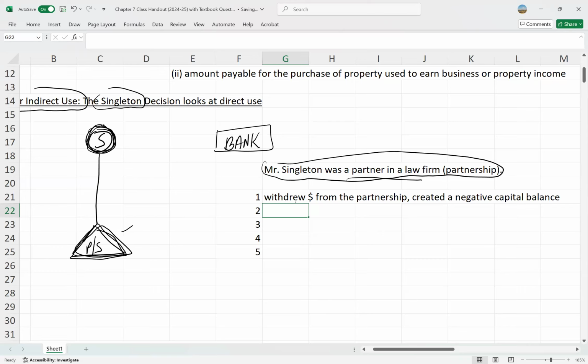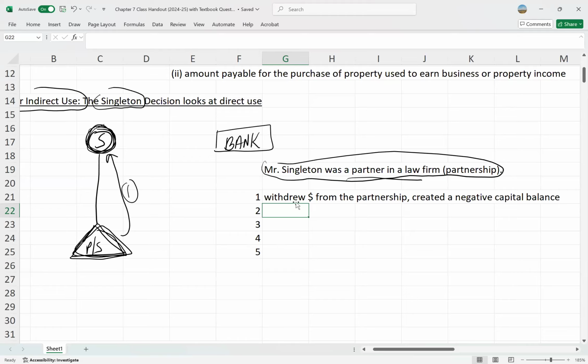Their share of the income and losses also gets attributed to the capital account as well. So step number one, Mr. Singleton withdrew money from his capital account from the partnership, and that created a negative capital balance. So that basically means that he's in a negative position.